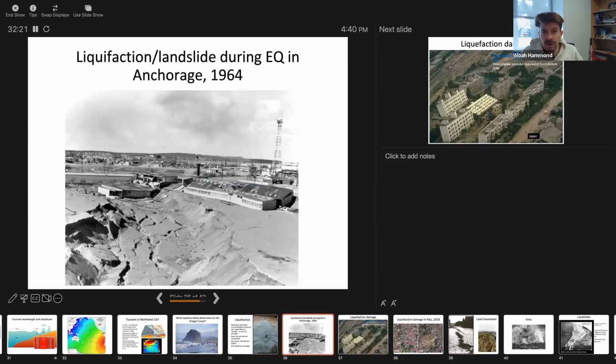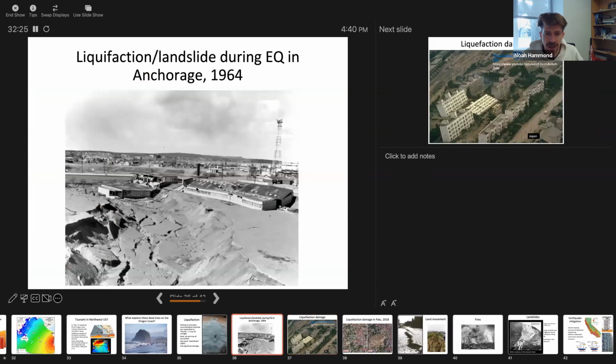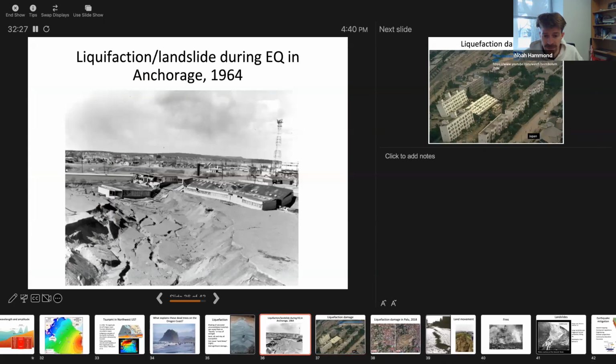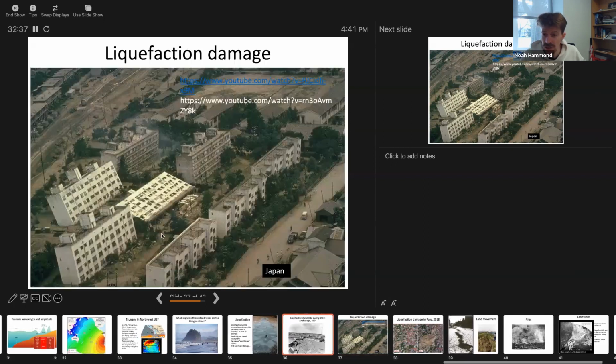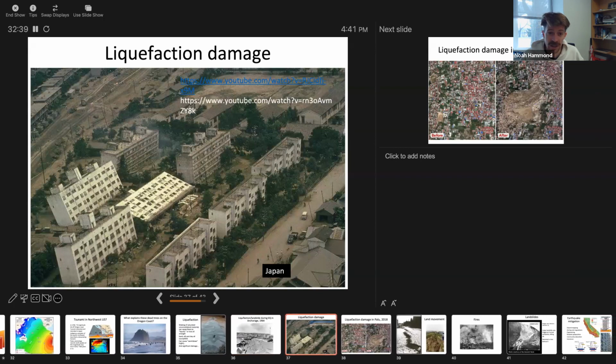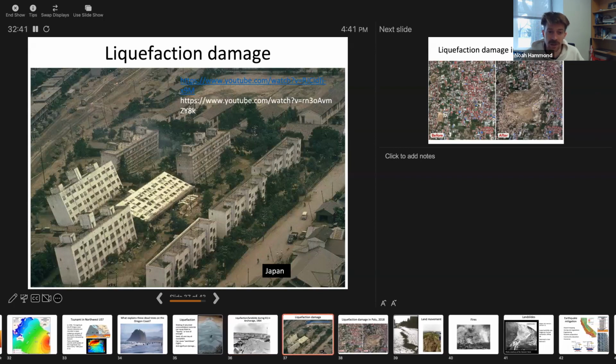So this is an example of liquefaction that occurred in an area off the coast of Alaska. And you can see that the ground subsided quite a bit because the ground lost all strength and turned into mush. And here is an example of liquefaction that occurred in a region in Japan during an earthquake.